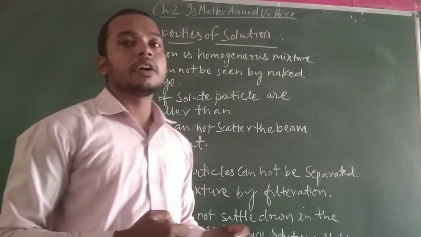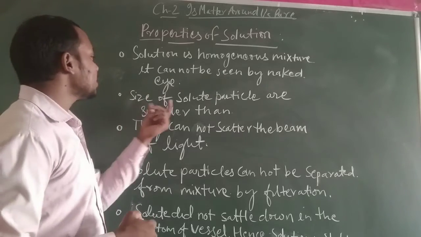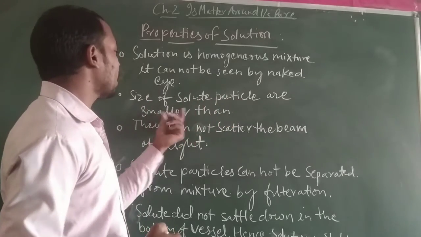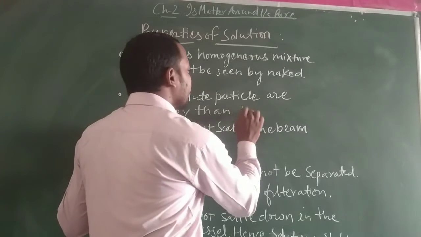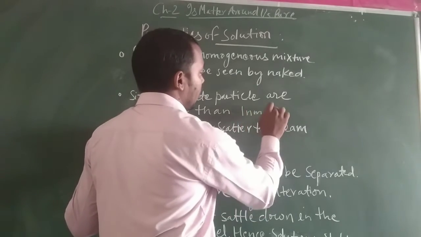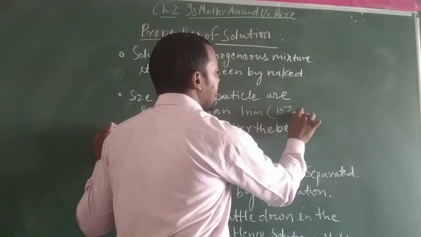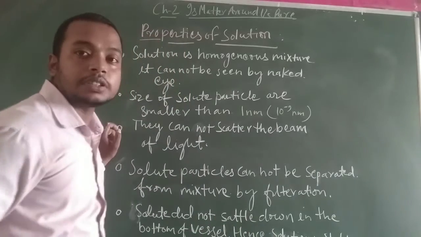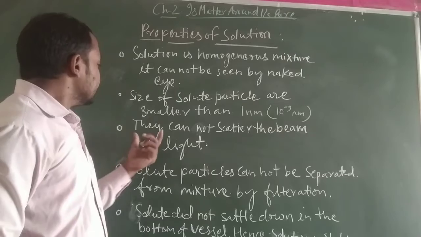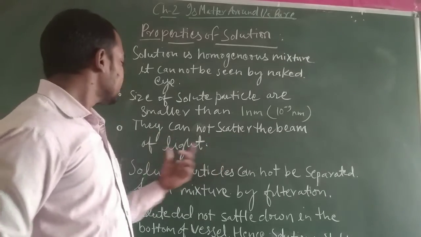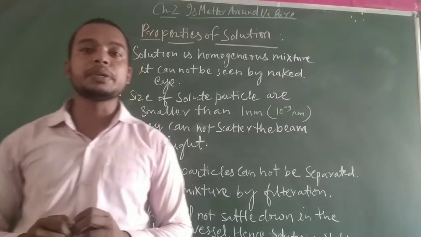The second point is that the size of the solute particles is smaller than 1 nanometer, or 10 to the power minus 9 m. They are too small to scatter a beam of light, so the solution particles do not scatter light.